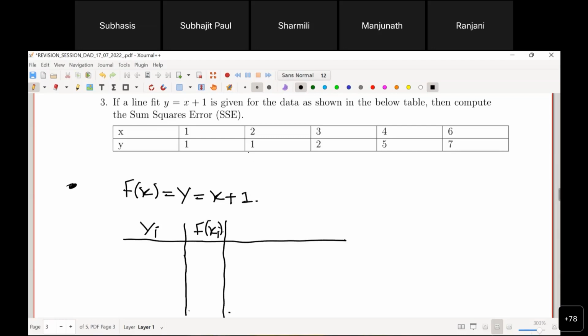You can write this as xi, yi. So this is x1, this is y1, this is x2, this is y2, this is x3, y3.